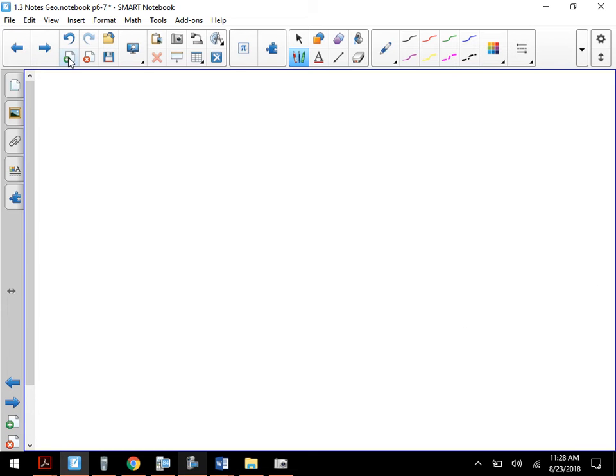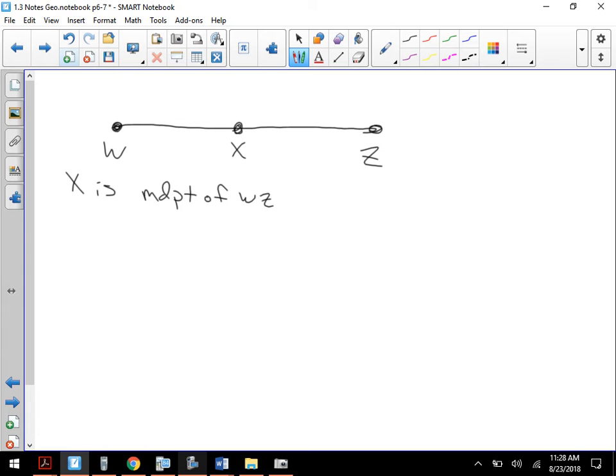So like I was saying, you're going to see stuff where you'll have a segment, it'll say W, X, and Z. It'll say X is the midpoint of WZ. And then if it gives you WX being 13, what is XZ and what is WZ? If it tells you that X is the midpoint, that means you have two congruent segments, two equal segments.